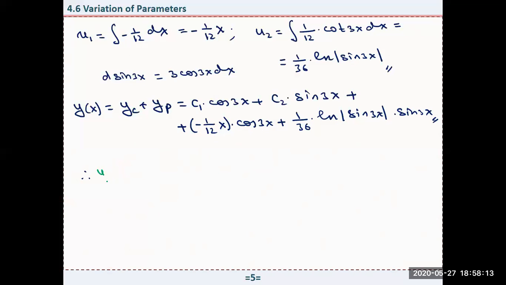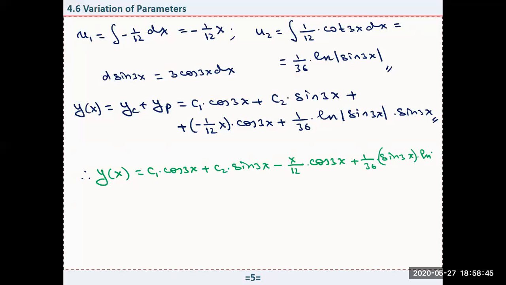So the general solution of the given differential equation is c sub 1 times cosine of 3x plus c sub 2 times sine of 3x minus x over 12 times cosine of 3x, plus 1 over 36 times sine of 3x and natural logarithm of sine of 3x.